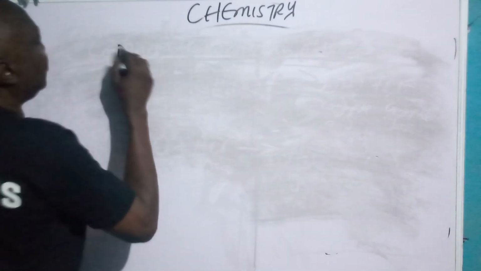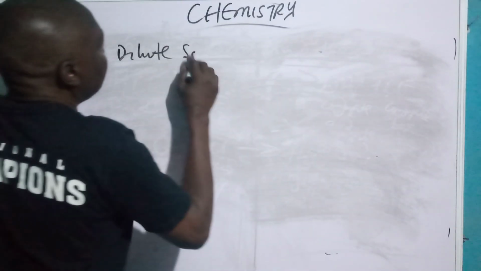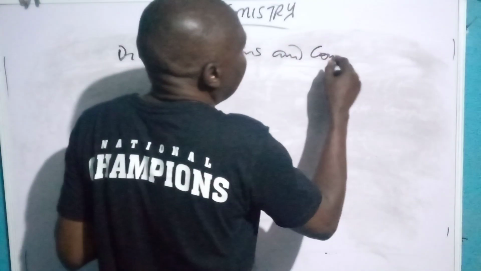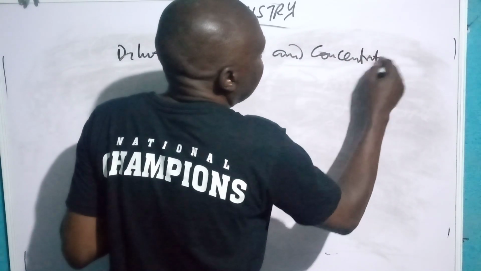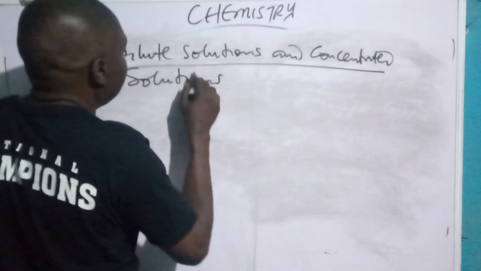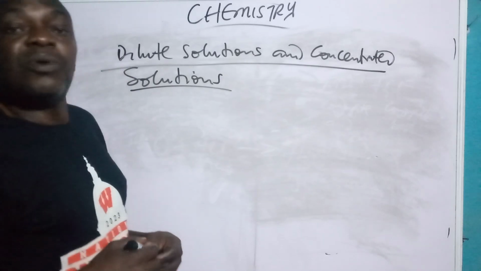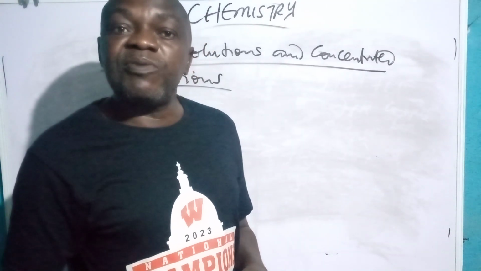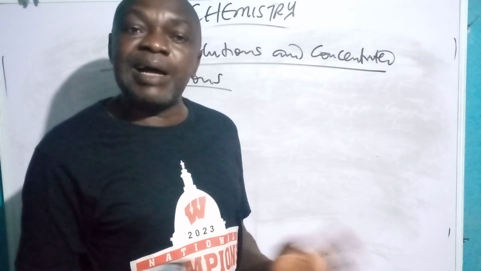You have a dilute solution, and concentrated solutions. What are dilute solutions of acid and base? Dilute solutions of acid and base, as the name implies, are dilute.